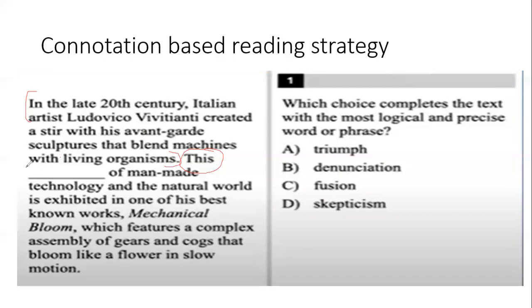Now, one of you, Mona, can you try to explain why you chose that option versus the other options? Mona? Oh, Mary Mona. So, as it says, he created a stir with sculptures that blend machines with living organisms.